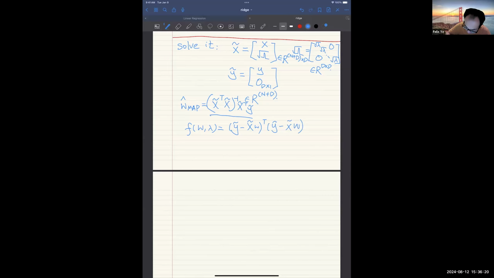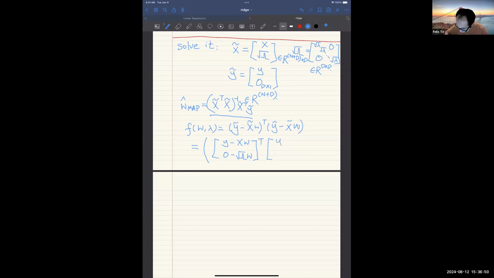So this becomes the following: y minus X times w, and 0 minus square root of lambda times w, transpose.